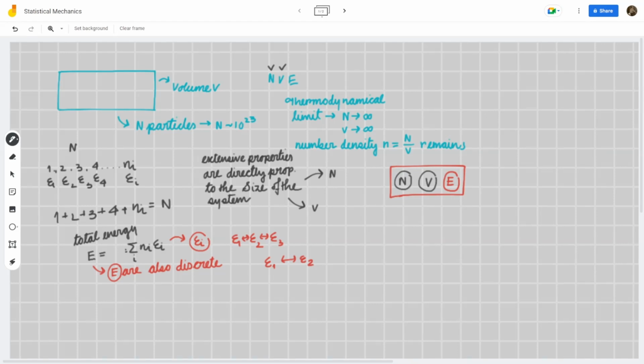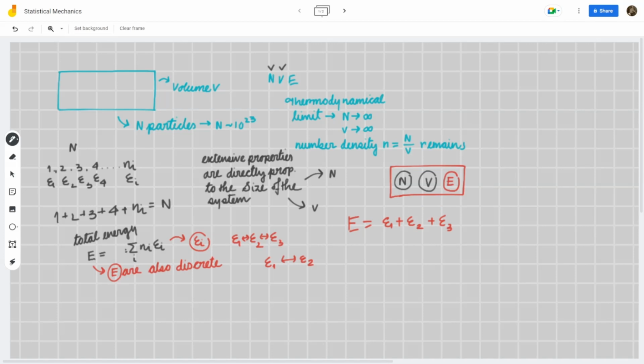So, what is a microstate? Let's start with an example to understand what a microstate is. Let we have three energy values, E1, E2 and E3. These are the energy values of three particles in the system. Thus, the total energy will be the summation over them, right?